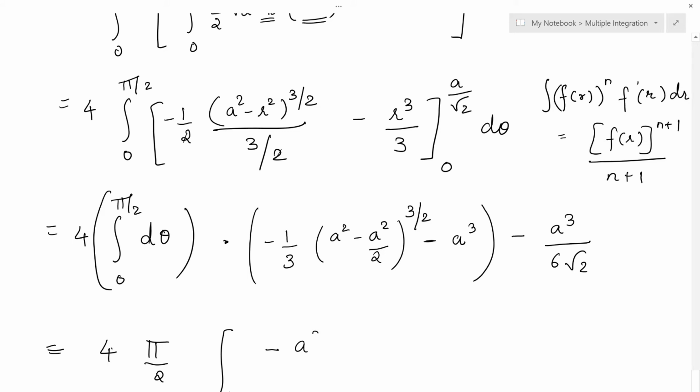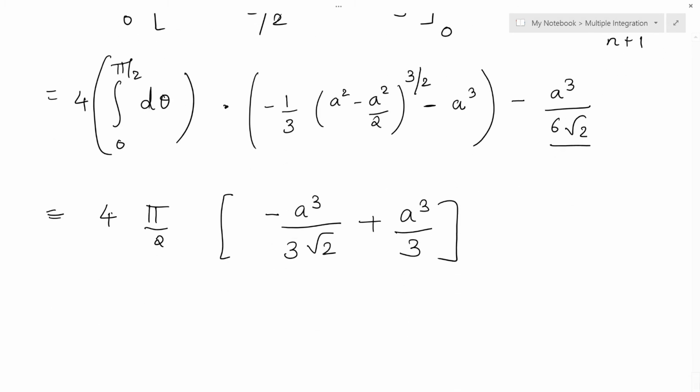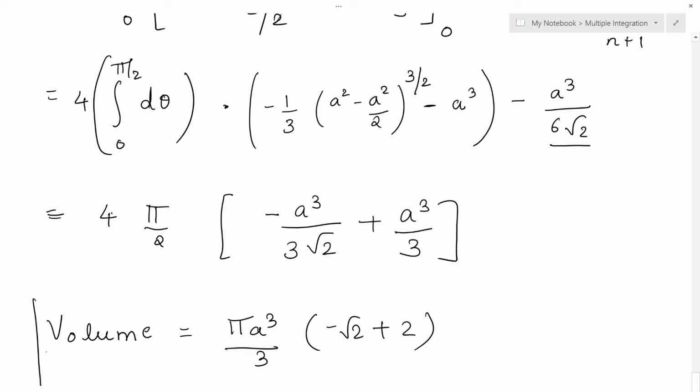Minus a cube by 3 root 2, this thing, and this is plus a cube by 3, right? Further simplification gives me the final answer. So total volume is given by pi a cube by 3 into minus root 2 plus 2. You can check the final answer after simplification.